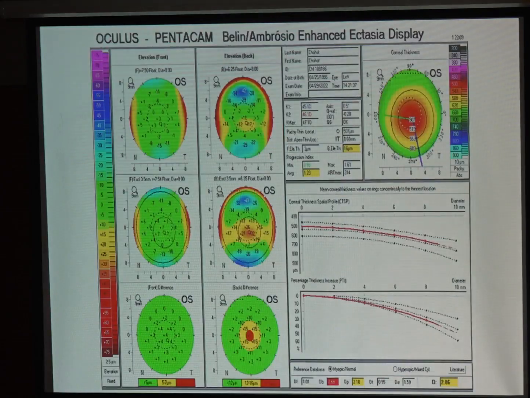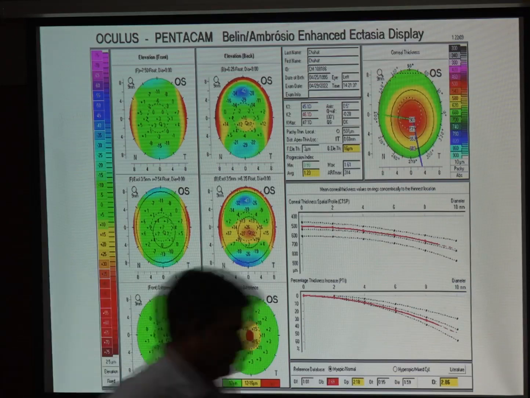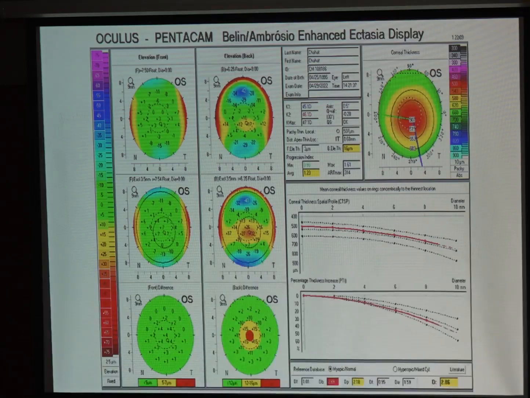I don't know if there's a pointer here or not. In the central map that you see, on the left side of your screen, that is the area where the machine has tried to give your reference surface a tighter fit. So this is the normal, what we saw on the previous map.